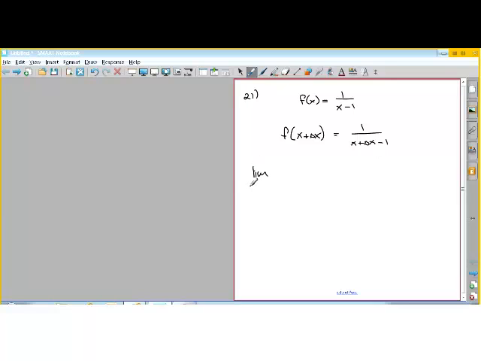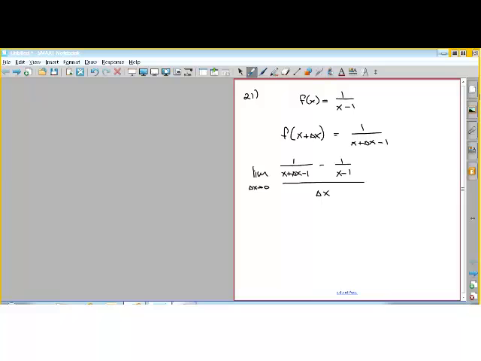The limit as delta x goes to 0 of 1 over x plus delta x minus 1 over x minus 1, all divided by delta x. So here we have f of x plus delta x minus f of x divided by delta x. So that's the limit definition.